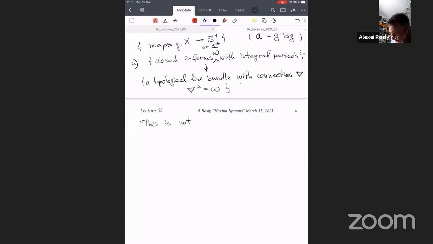We can take modulo gauge transformations, which are smooth automorphisms.